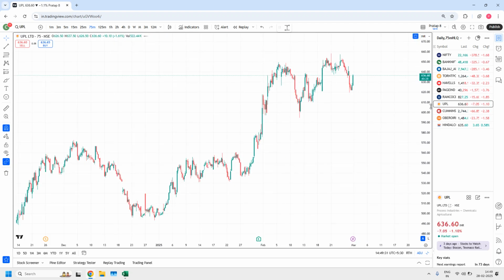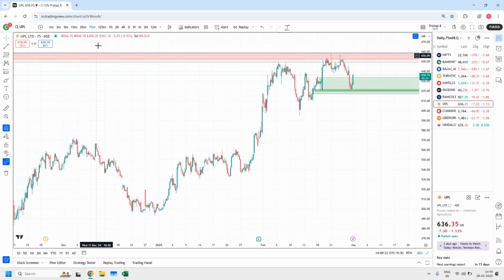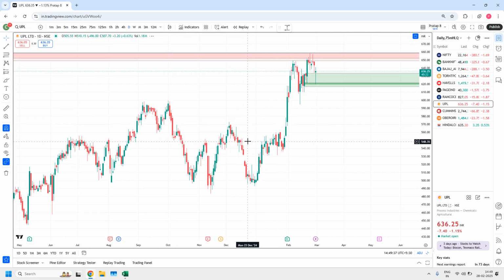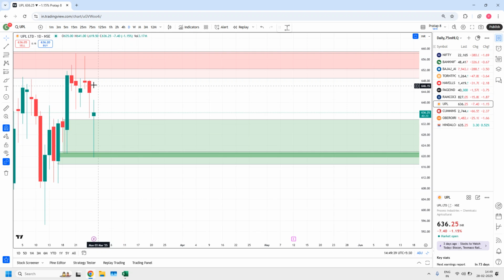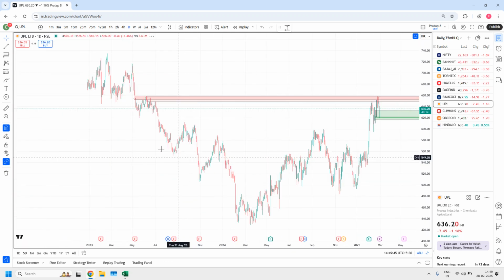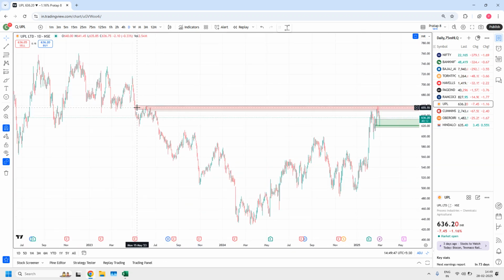I think UPL is not 75, it is a daily supply zone. Sorry for my mistake. It is a daily supply zone. See, yesterday the candle closed here. The software identified stocks near the daily supply zone. But when this zone was created, May 2023.